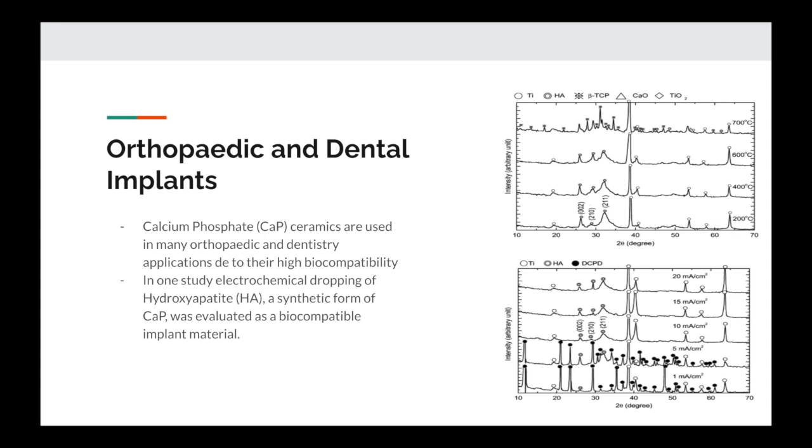The researchers concluded that at lower current densities, the hydroxyapatite becomes more crystalline, and at higher current densities, the hydroxyapatite becomes more amorphous, which is more similar to the bone crystallinity, and therefore the researchers concluded that at a higher current density, the hydroxyapatite may be more biocompatible with tissue.